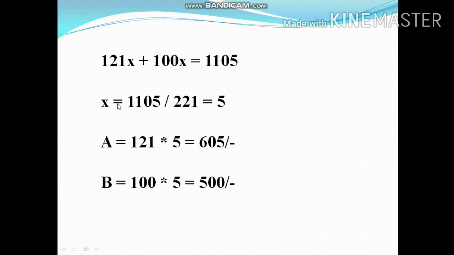So from this we get x equal to 1105 divided by 221, that equals 5. So A is equal to 121x, that equals 121 into 5, that equals 605 rupees, and B is equal to 100x, that equals 100 into 5, that equals 500 rupees.